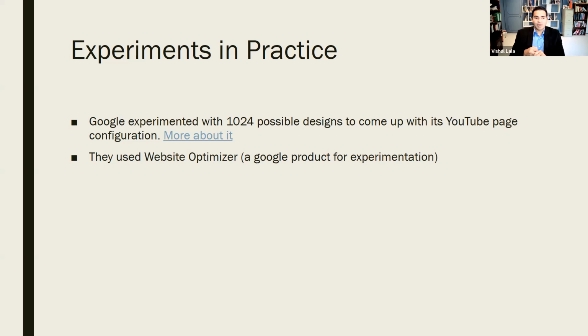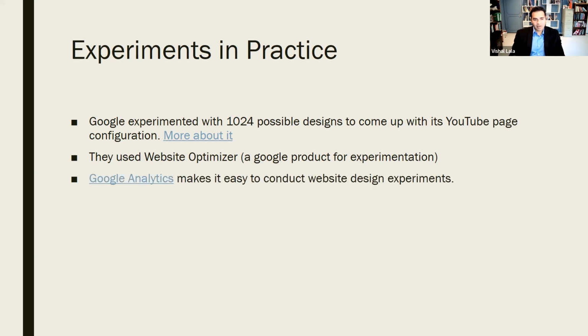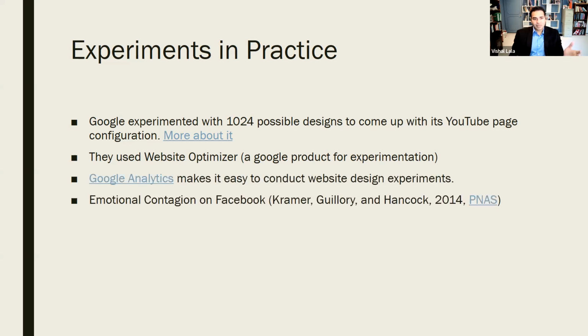Based on this, the website owner would then figure out which design is yielding them the most of their goal and go with that one. Google Analytics allows people to conduct A/B tests on their websites all the time.